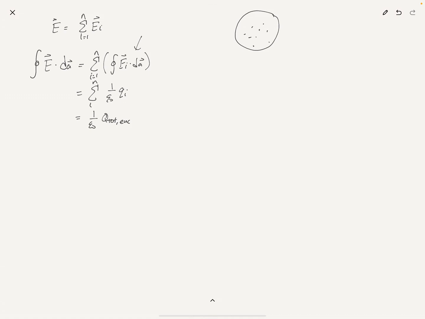So if I change the amount of charge enclosed, I then change the flux that goes through my surface.